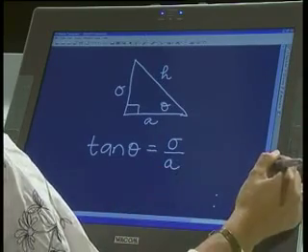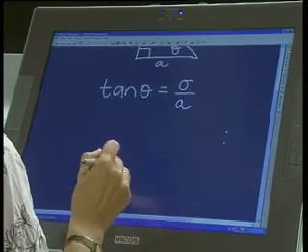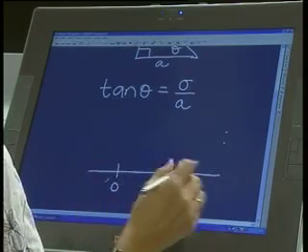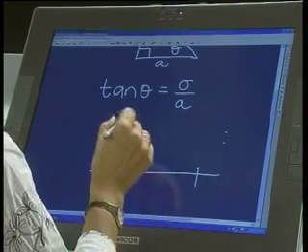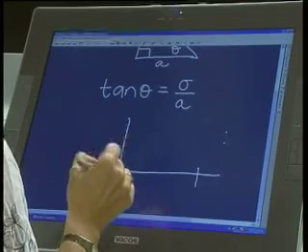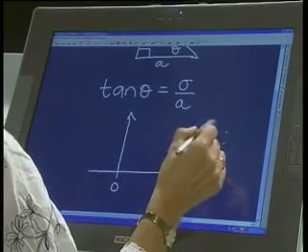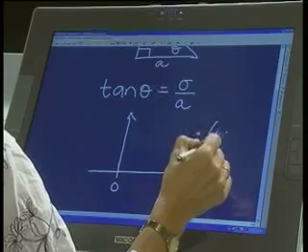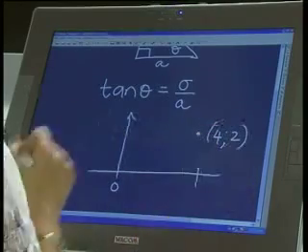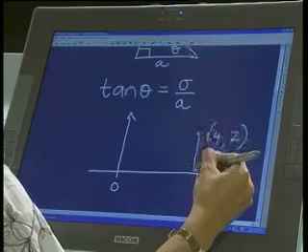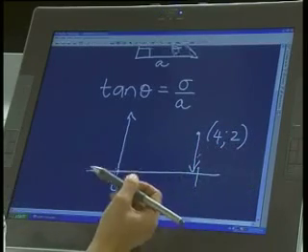Here's my Cartesian plane. If this is 0, let's put the origin here, and let's say this point is the point (4, 2). What is the x value here? 4.